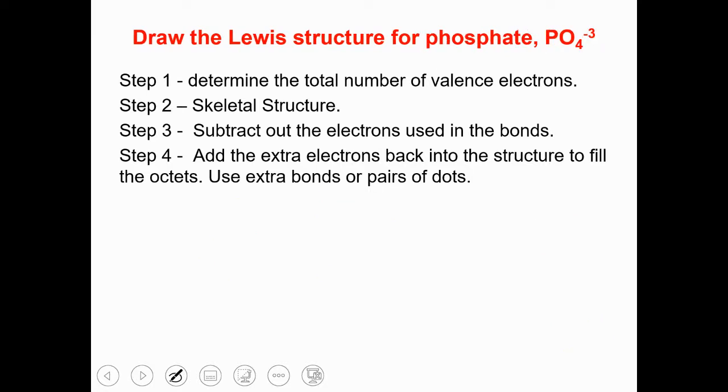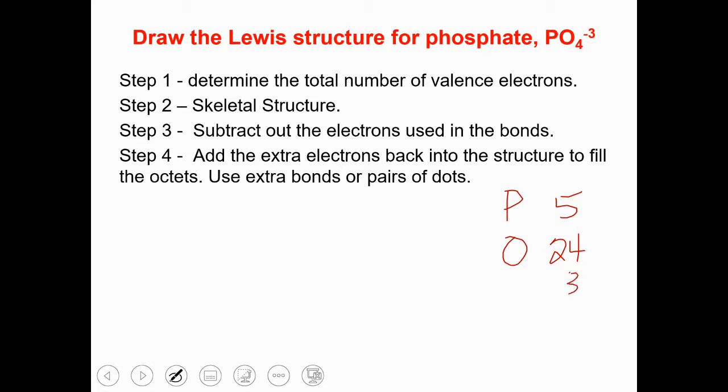So I'll just show you another one here. Like, here's phosphate. Okay. And so the phosphorus has 5 valence electrons. Each oxygen has 6, but there's 4 of them, 4 oxygens. So that's 24. We're going to have a lot of dots to add.